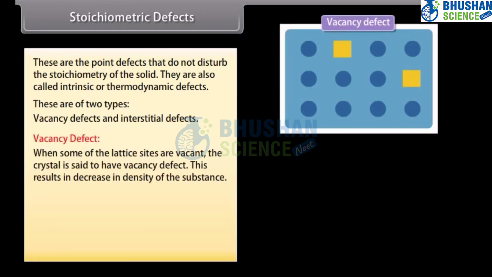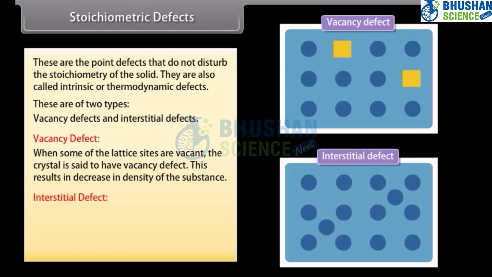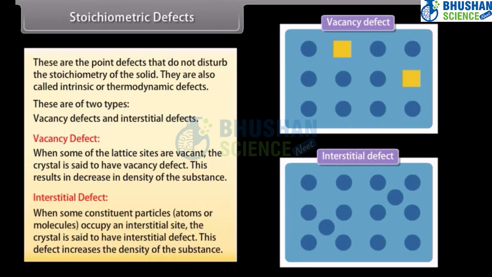When some of the lattice sites are vacant, the crystal is said to have vacancy defect. This results in decrease in density of the substance. 2. Interstitial defect. When some constituent particles, atoms or molecules occupy an interstitial site, the crystal is said to have interstitial defect. This defect increases the density of the substance.